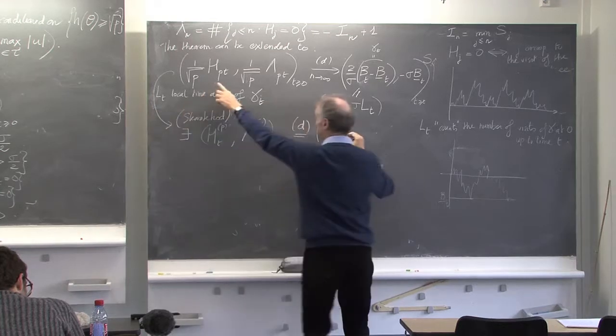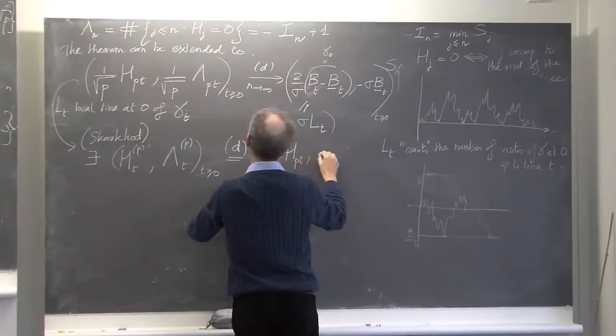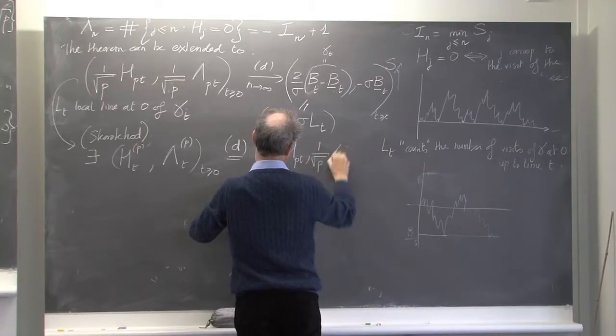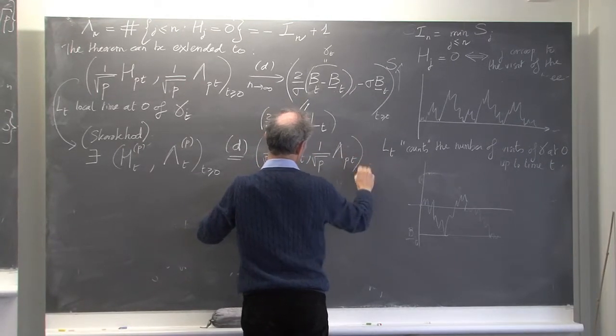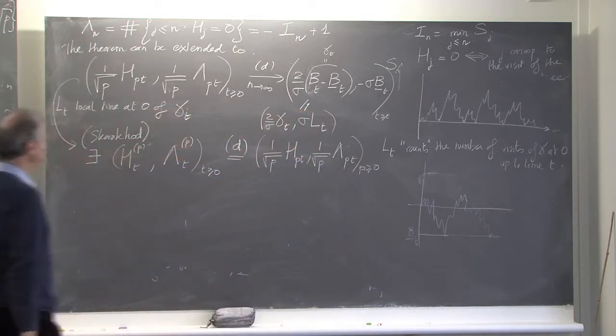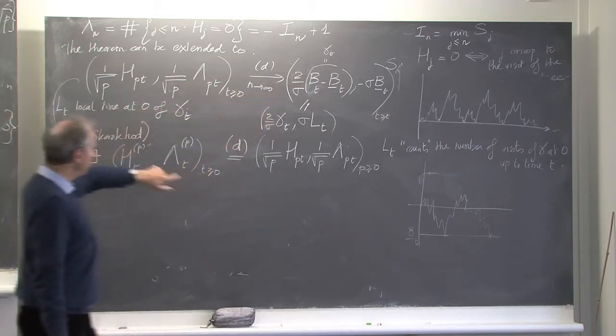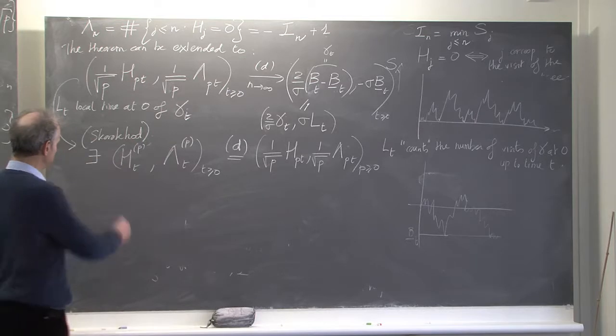For each fixed p, they have the same distribution. But now, instead of just a convergence in distribution, I will have a convergence almost surely.